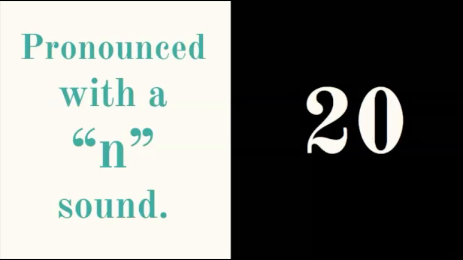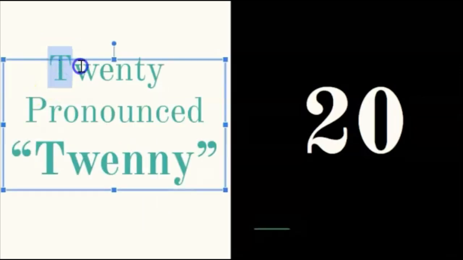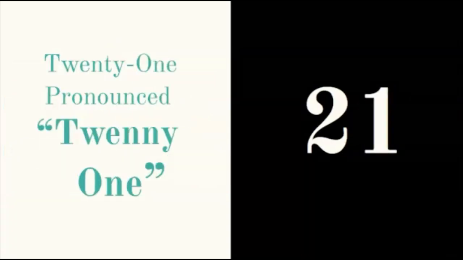We pronounce the number 20 in American English with an N. So even though the number has a T, with two T's, the second T is going to be pronounced like an N. Then we have 21.